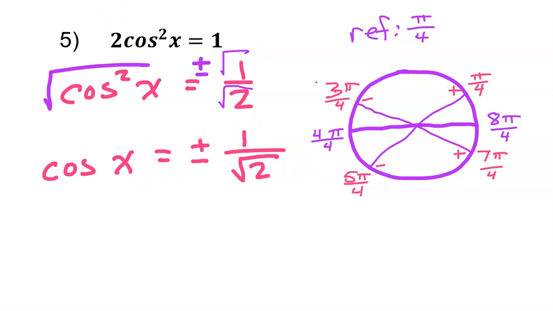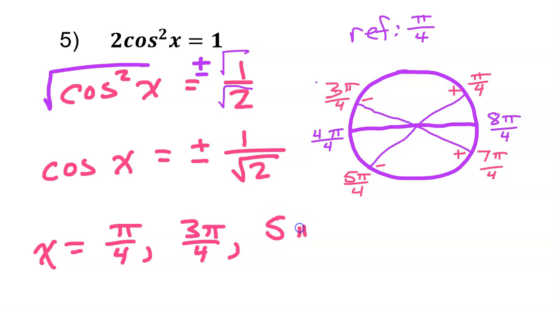Well, in this case, we want both the positive and negative versions. So really, all 4 of these will be solutions. So x will equal pi over 4, 3 pi over 4, 5 pi over 4, and 7 pi over 4.